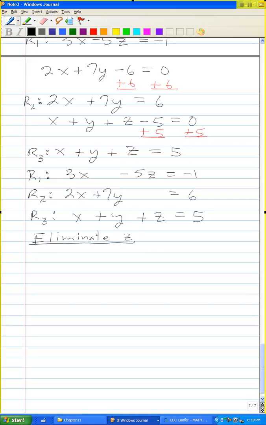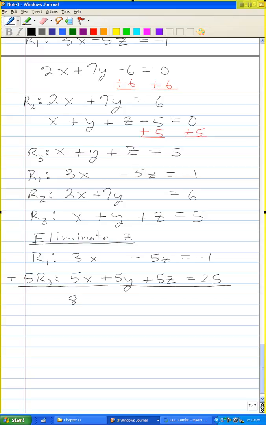So to eliminate z, I only have to use R1, 3x minus 5z equals negative 1, and 5R3, 5x plus 5y plus 5z equals 25. If I add, then I get 8x plus 5y, z's cancel, equals 24. So let's call that S1.